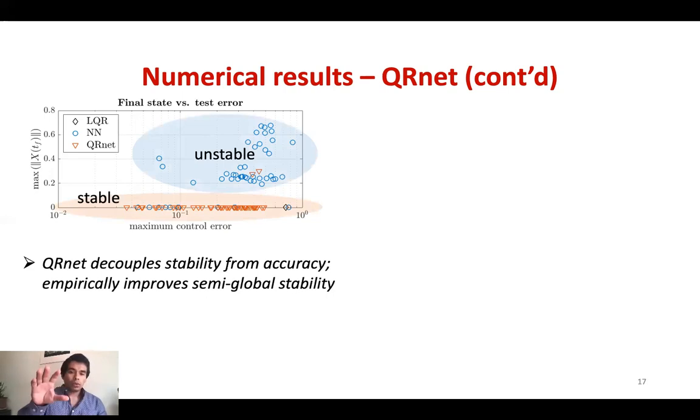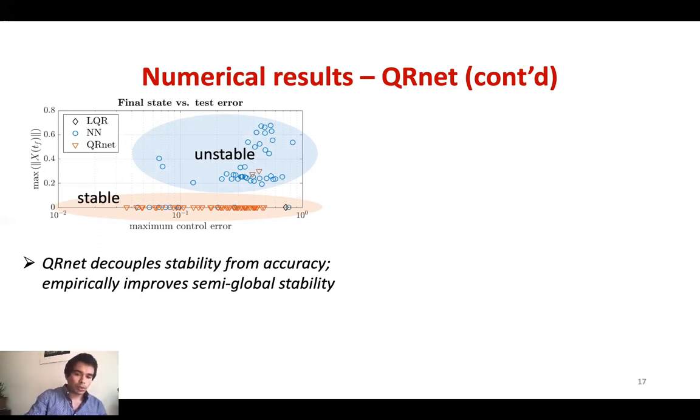The upper blue cloud has only 2 QRnets, and they had really bad approximation accuracy. Basically every QRnet ended up in the stable group. So we can see that QRnet is roughly decoupling stability from accuracy. When you're training, even if you end up with something that's not very accurate in terms of approximation accuracy, you could still have a stable controller. And this is really nice.